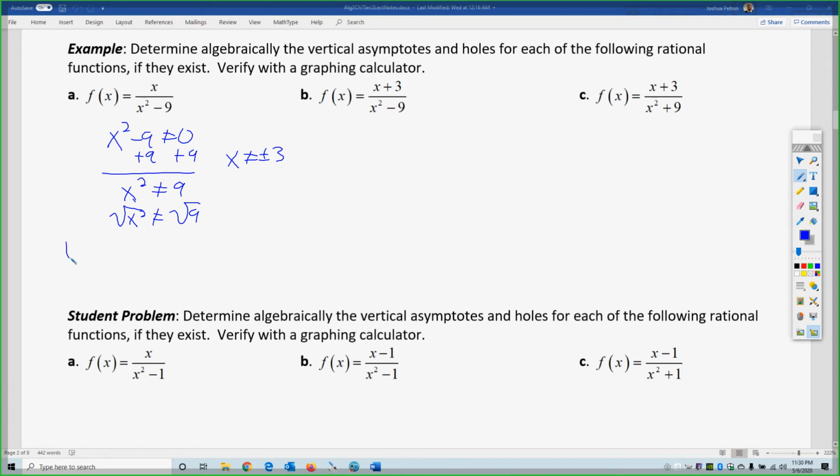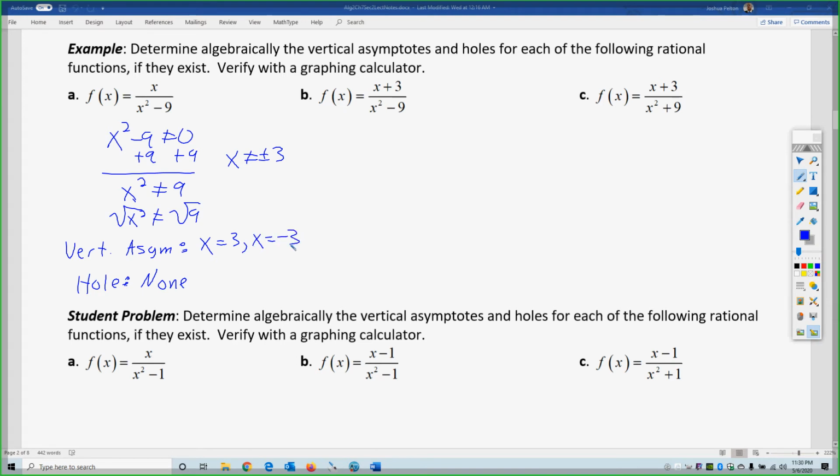So as far as vertical asymptotes and holes, there are no holes because the numerator and denominator had no common factors that canceled. And the vertical asymptotes are x equals 3 and x equals negative 3.